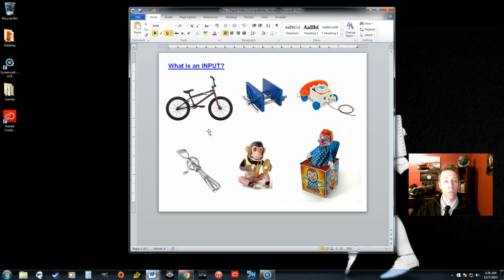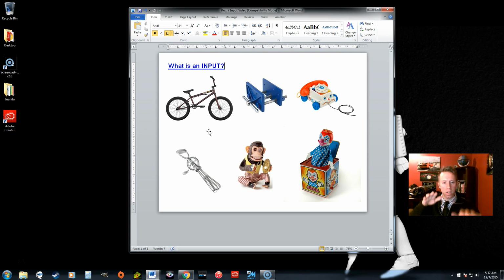So the question I have for you, what is the input on a bicycle? So the input on a bicycle is the pedals, because that's where we enter the energy into the system. So if we think of the bicycle as a system, those pedals is where that first starts.